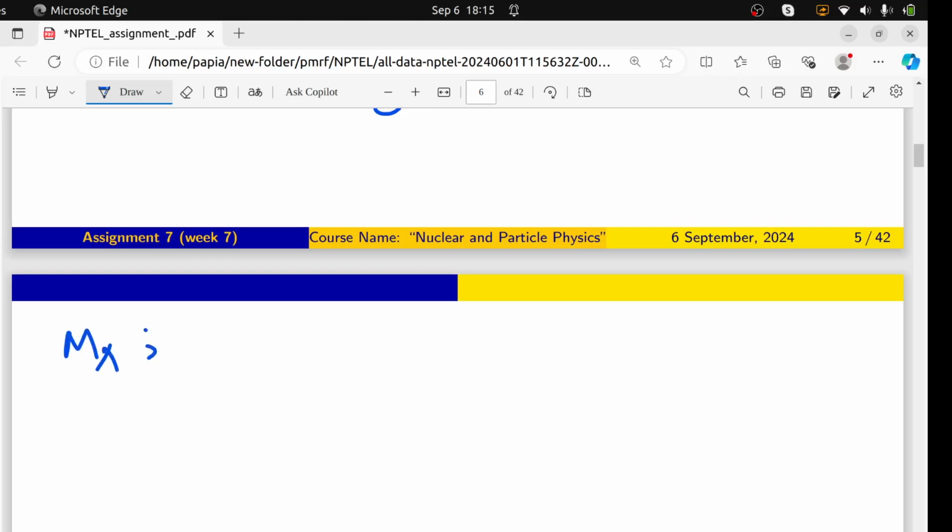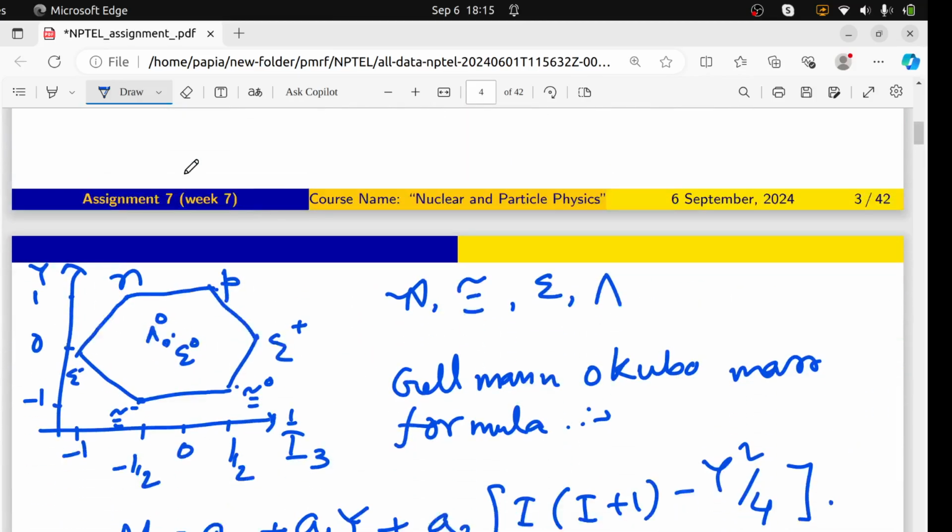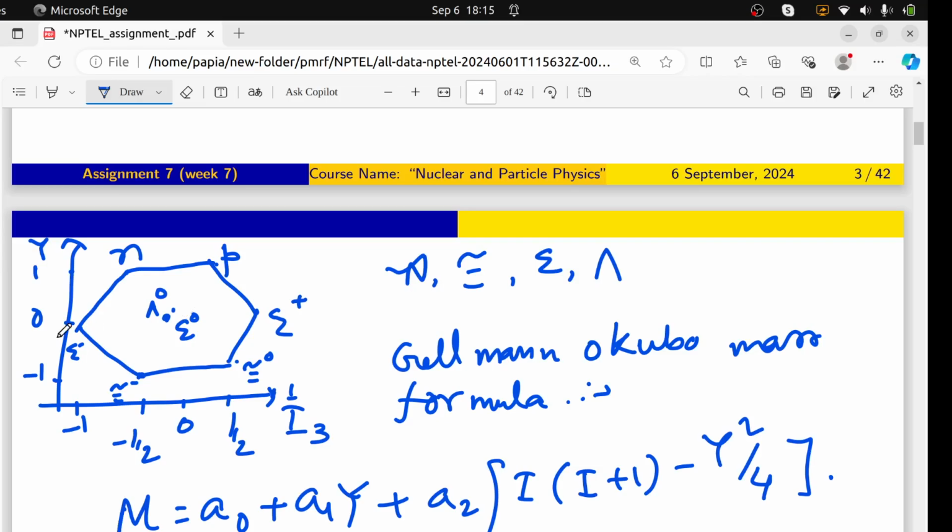what we are looking for. So for m lambda, what is the y value, what is the I value? Obviously y will be 0 for m lambda, as you can see from this picture also. And what is the value of I? I is also 0 because lambda is only one member in that family. So lambda I equals 0 for lambda 0, and y is also 0.